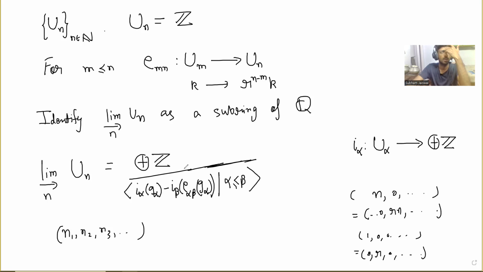So it's like dividing this by R. If I take n1 and divide by R, then this is like n2.